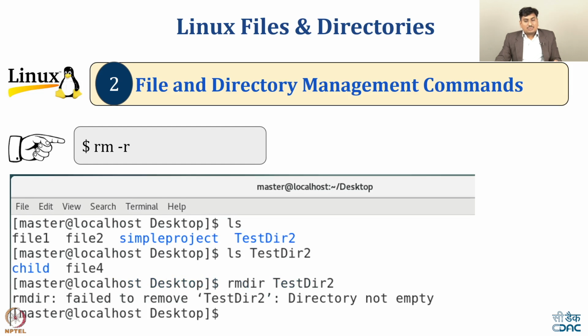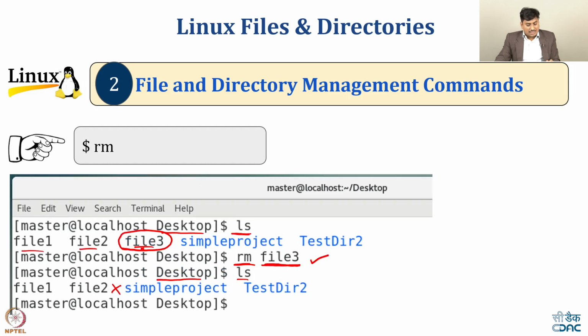Now we have seen how to delete a file just by specifying the name of the file which you want to delete. But what if I want to delete a directory, or the files in another directory? One directory may have other directories in a hierarchical order.